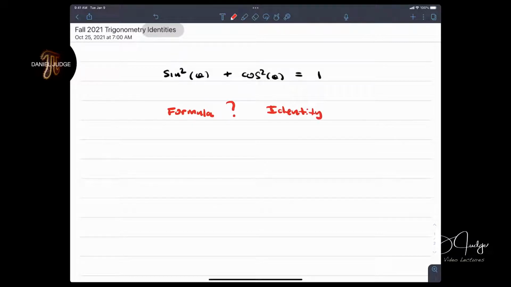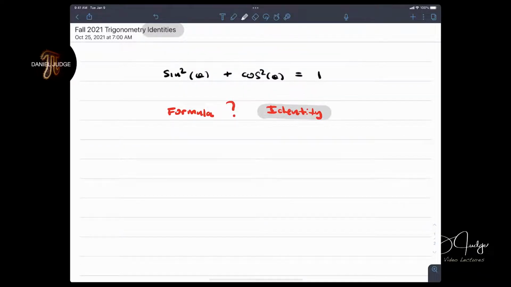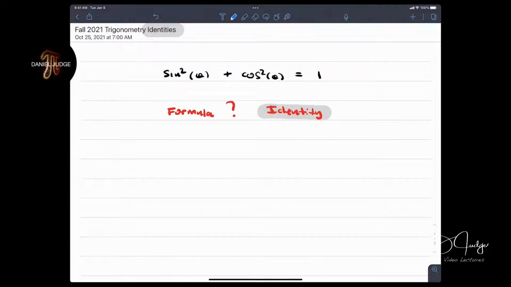And then you might say to me, well, okay, this is an identity. What's the difference? Why is this an identity, and why don't we call it just a formula? Because formulas, for example, maybe I can say to you a nice formula like an equation, 2x plus 3 equals 4.